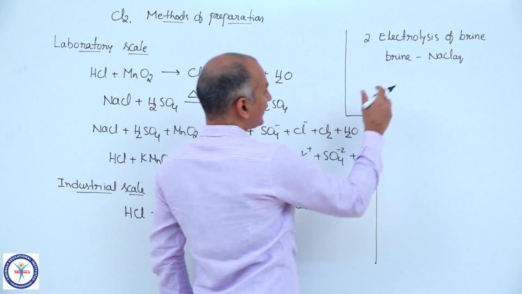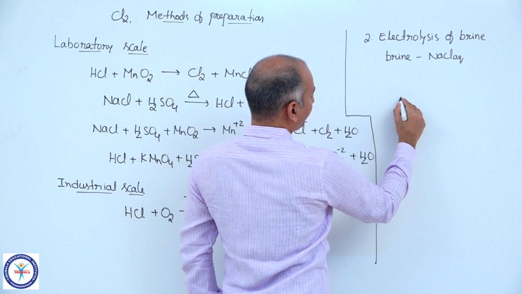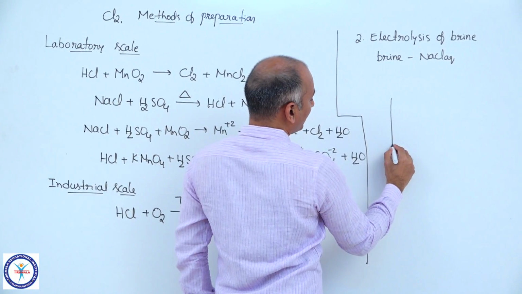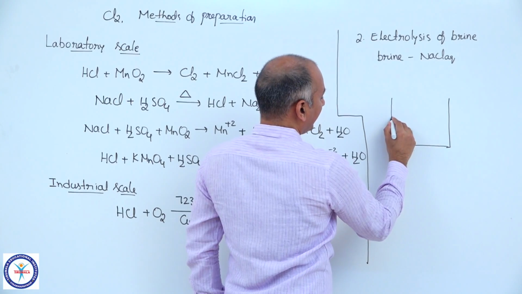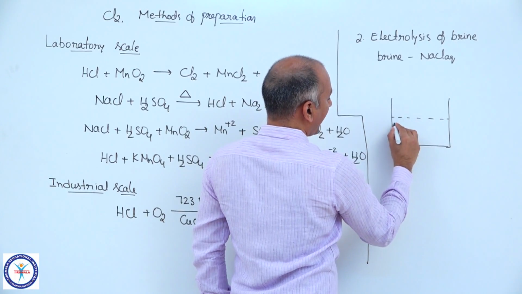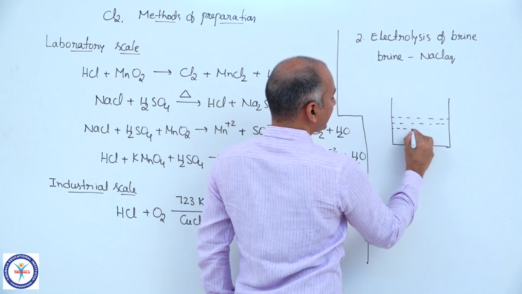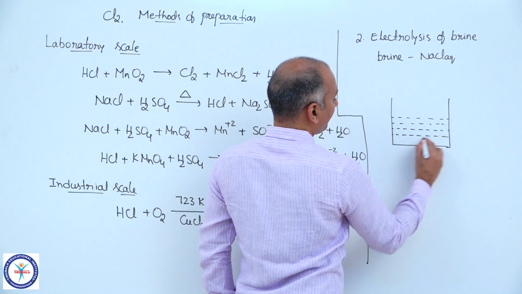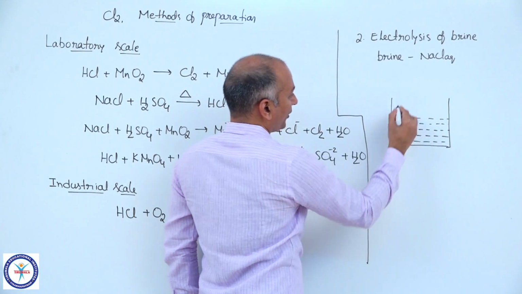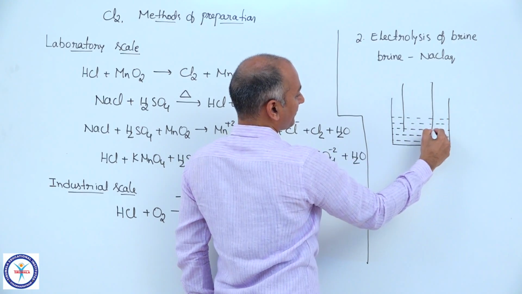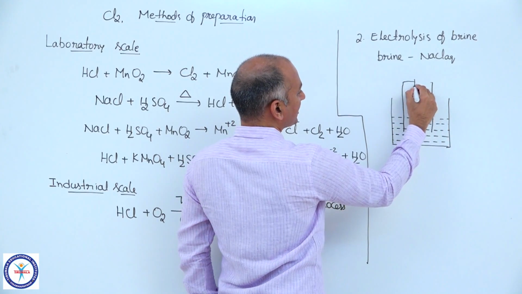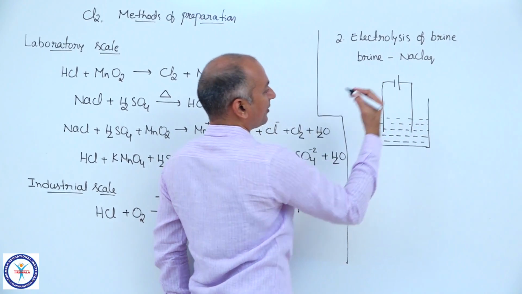Okay, in this reaction, you all know it is an electrolytic cell. In that we take aqueous NaCl as the electrolyte, and two metal rods which are called electrodes. They are connected to an external source of power.